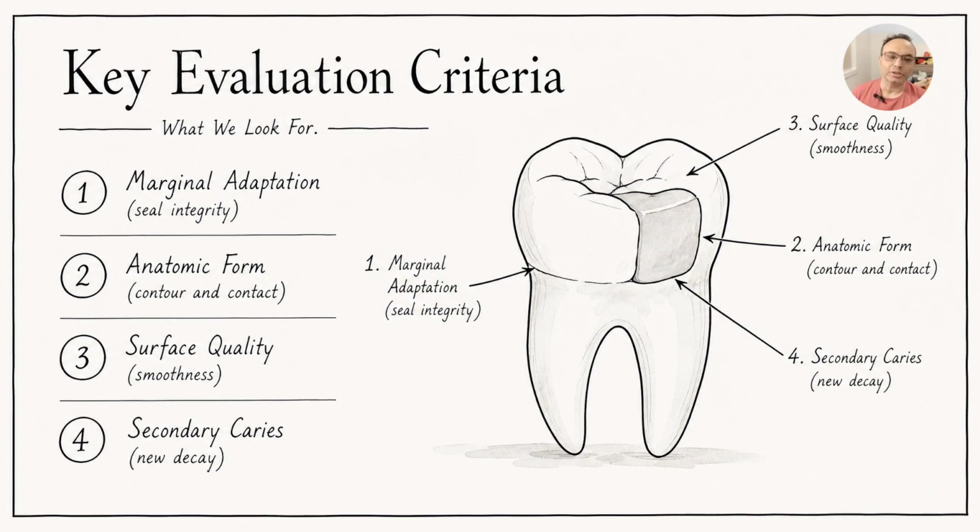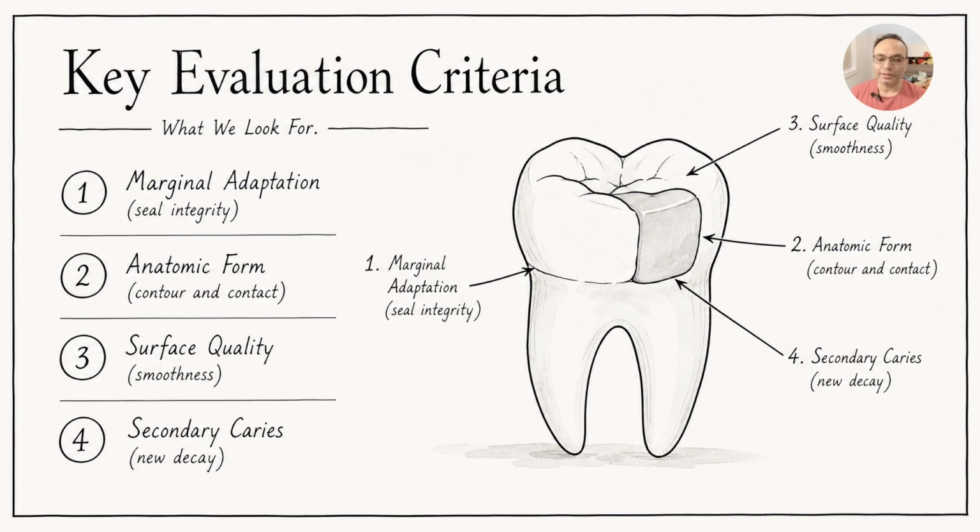If the anatomic form is not correct, then probably it is just a hard structure that has been replaced, but we haven't paid attention to whether it's going to function when the patient starts to eat or the jaw starts to move. And that's why it is so important to ensure the contour and contact is accurate.